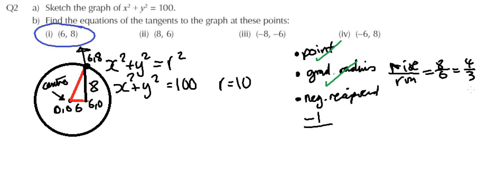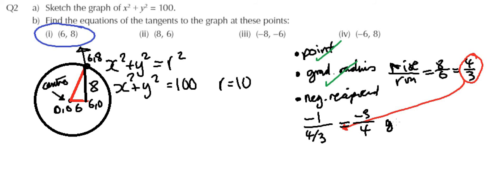So I'm going to use the gradient for the radius and divide -1 by that. It comes out as -3 over 4. So that is the gradient of my tangent. Step 3 taken care of.